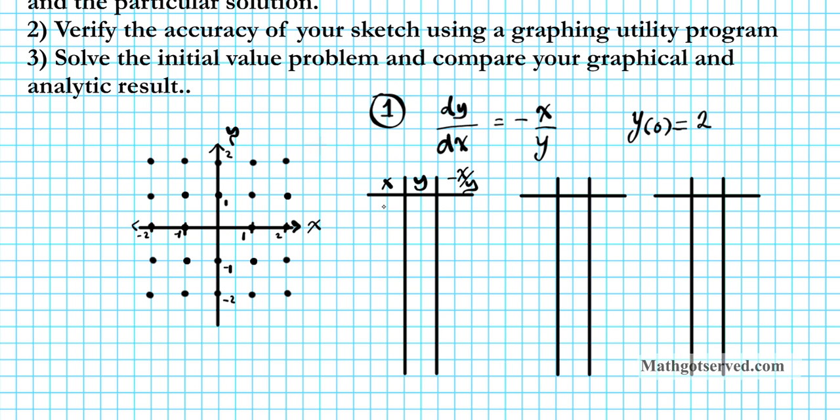For the first set of 5 points, x is constantly -2, and y goes from -2 all the way up to +2: -2, -1, 0, 1, 2.